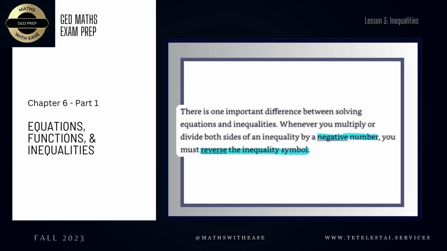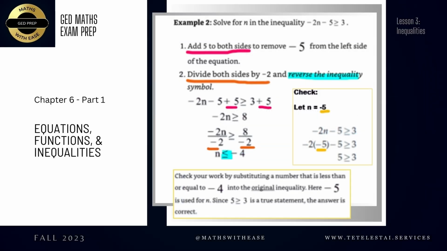There is one important difference between solving equations and inequalities. Whenever you multiply or divide both sides of an inequality by a negative number, you must reverse the inequality symbol. So here we're being told to solve for n in the inequality -2n - 5 ≥ 3.